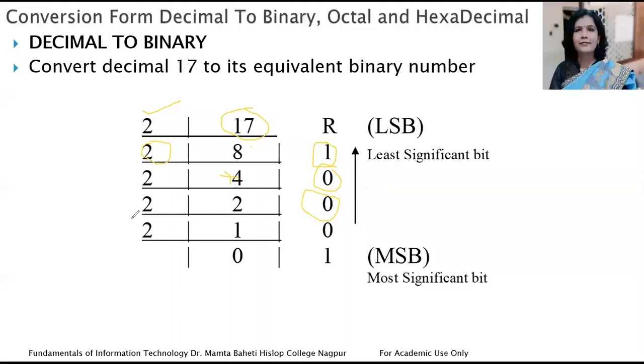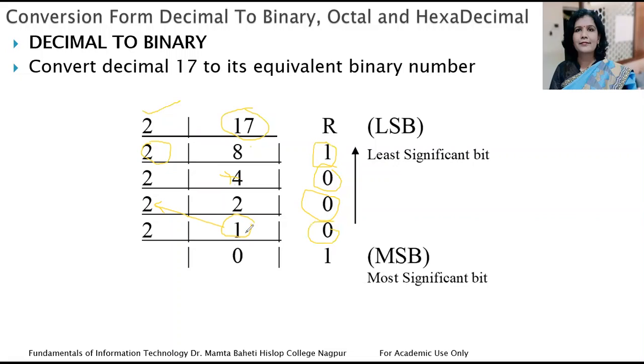The number should be less. You have to continue the division until it is less than the number by which you are dividing. So 2 1s are 2, again remainder is 0.